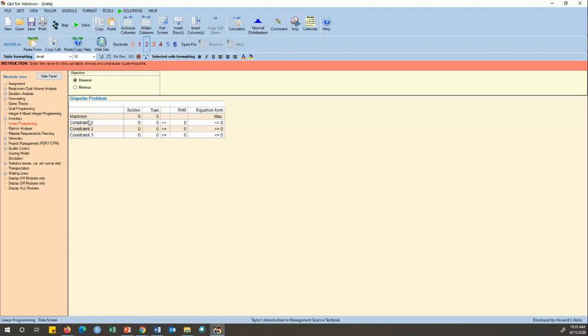You have to maximize that subject to your constraints. The first one we had just now is the finishing time, your constraint 2 is carpentry time, and your constraint 3 is just your demand.